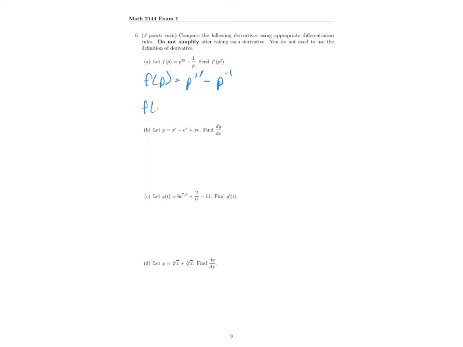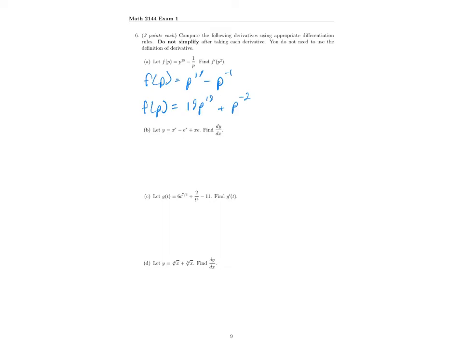So then we're going to have that f prime of p is equal to 19p to the 18th minus, so we'd bring that negative 1 down, and it's going to become plus p to the negative 2, because we bring our exponent down and subtract 1.